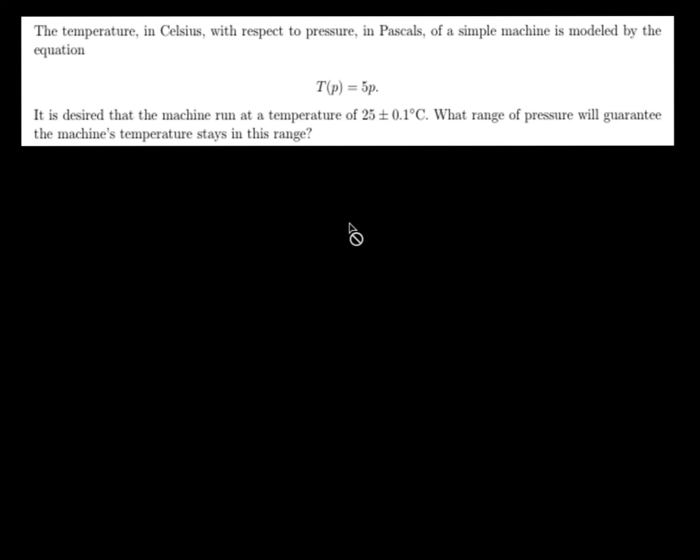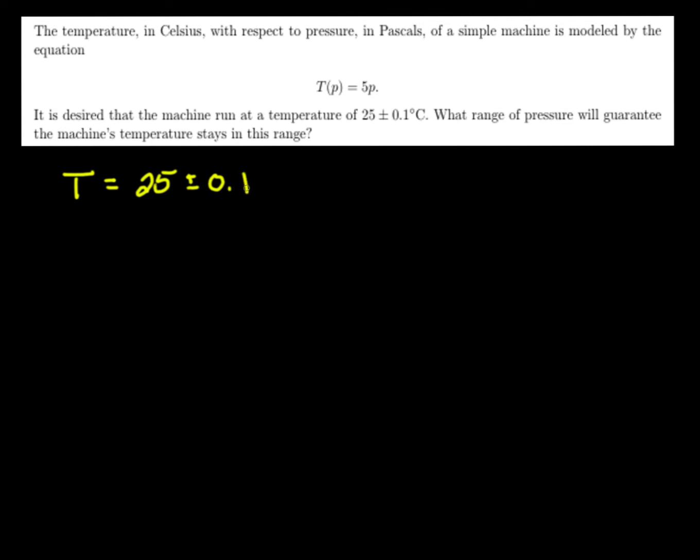So here's what I'm talking about, that I want to know the output of this function, right? So I know that T, the temperature, is equal to, say, 25 plus or minus 0.1.